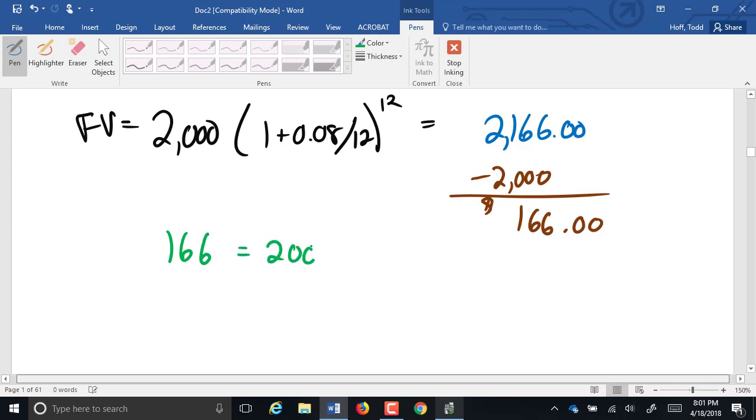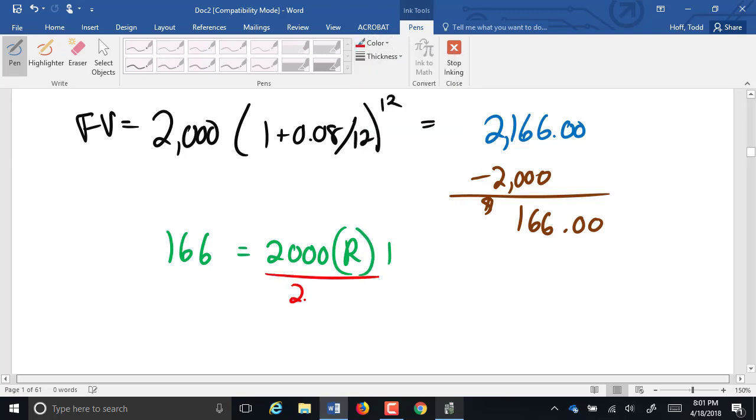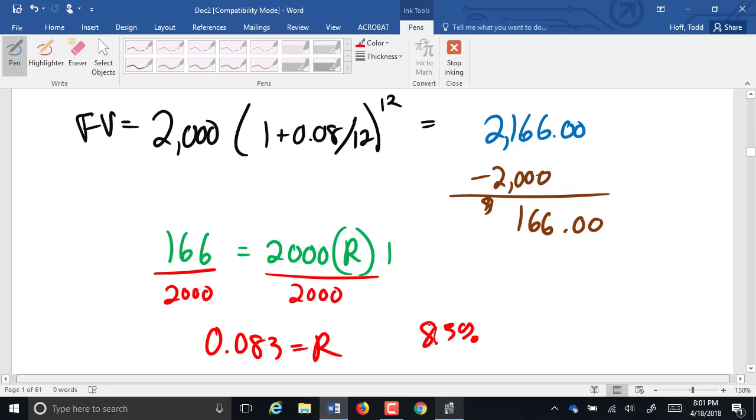So 166 equals 2,000 times R times 1 year, divided by 2,000. R equals 0.083, 8.3%. The effective rate really only depends on the percent and the compounding. It has nothing to do with the principal. So you can pick any number you want for that principal.